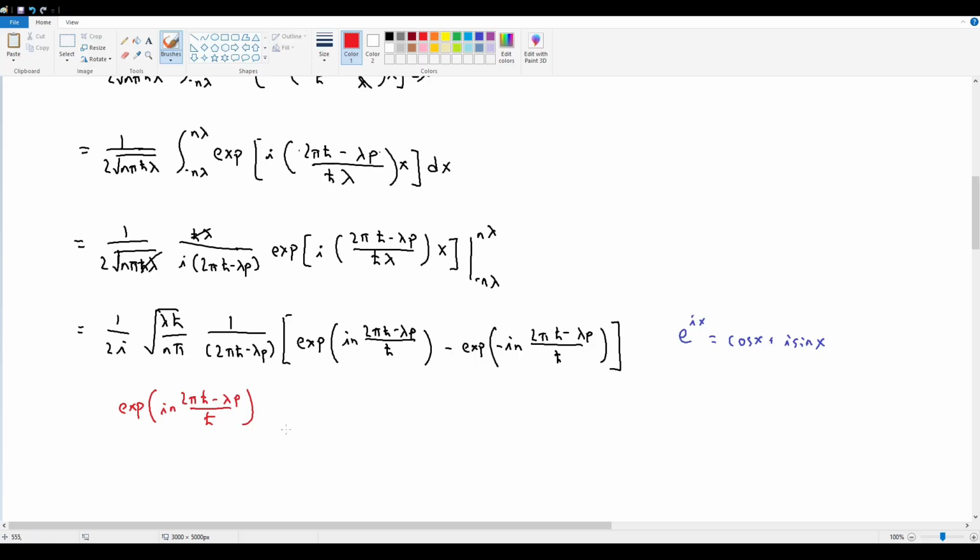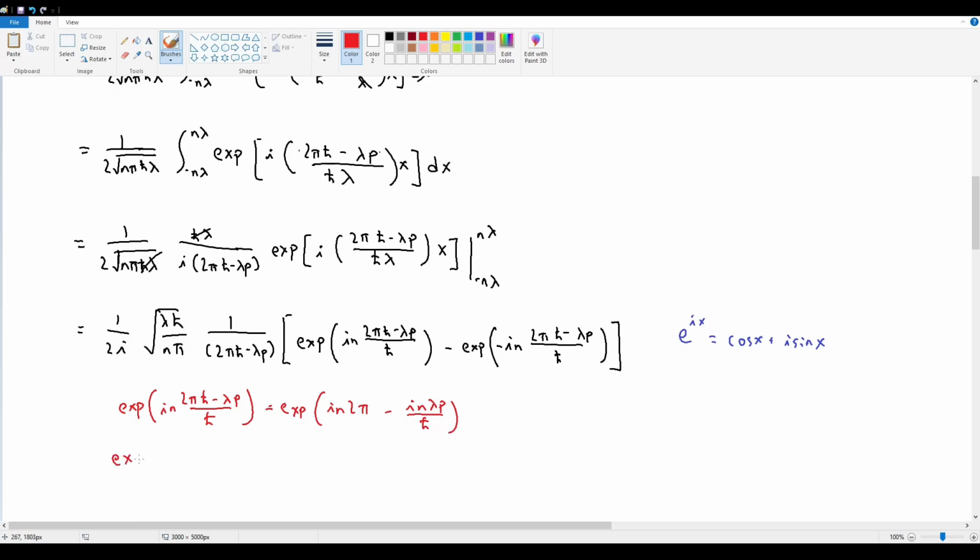So since this is an exponential, immediately my first instinct is to try to resplit this back into two separate fractions, which then allows me to rewrite this as the product of two complex exponentials, right? And this looks like a pretty nice simplification. This is actually just equal to exp of i n 2 pi minus i n lambda p over h bar, like that, right?